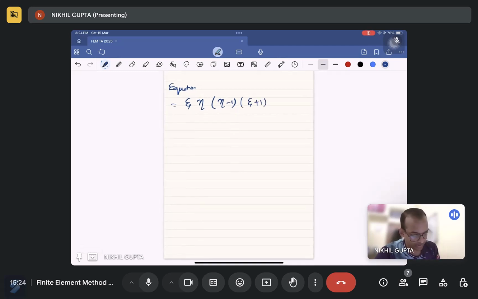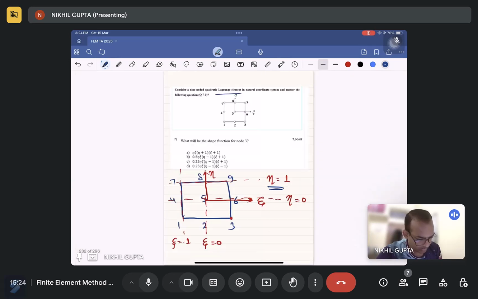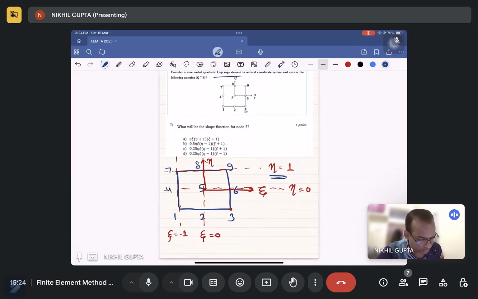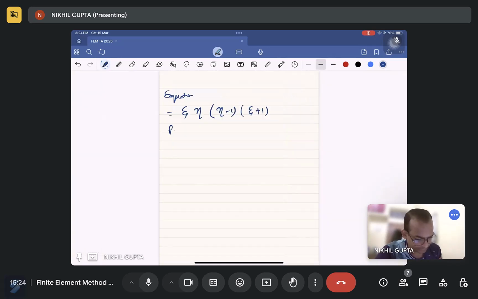Now what you have to do is put the coordinates of this point. What is the coordinate of this point? It is plus 1 for xi and minus 1 for eta. So you have to put 1 comma minus 1 in this.